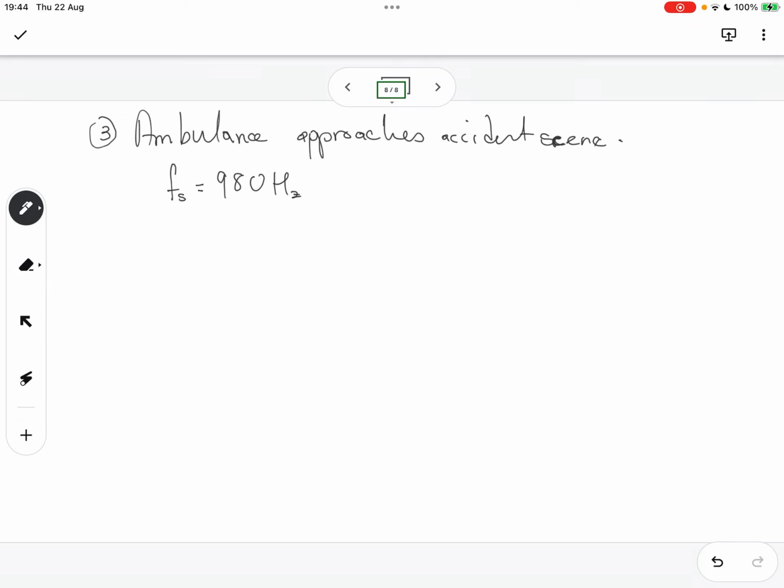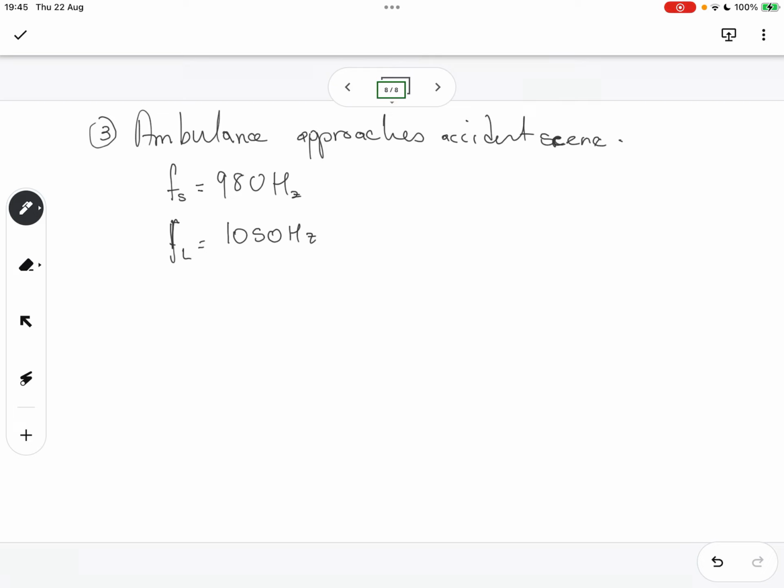That's the frequency of the siren that the ambulance emits, right? And the detector at the scene measures the frequency of the emitted sound. So this would be the frequency of the listener, 1050 hertz.